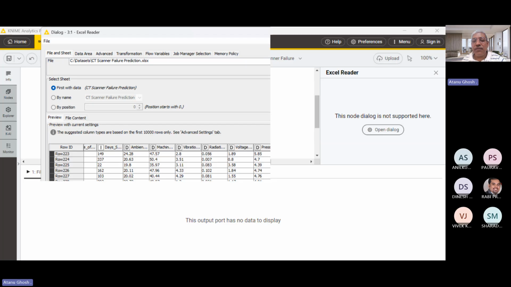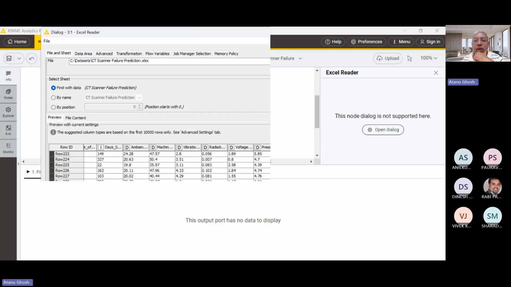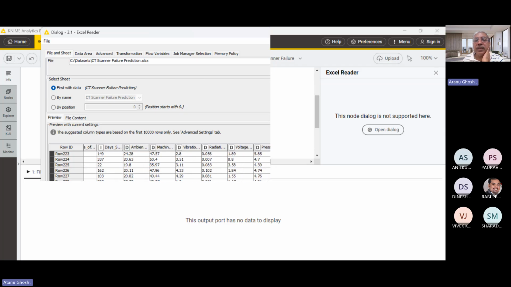We also have to see if anything else like this is there, where NIME would have considered this as a numeric value, whereas actually it's a categorical value. Here, for example, I don't see any other value, but there could be.